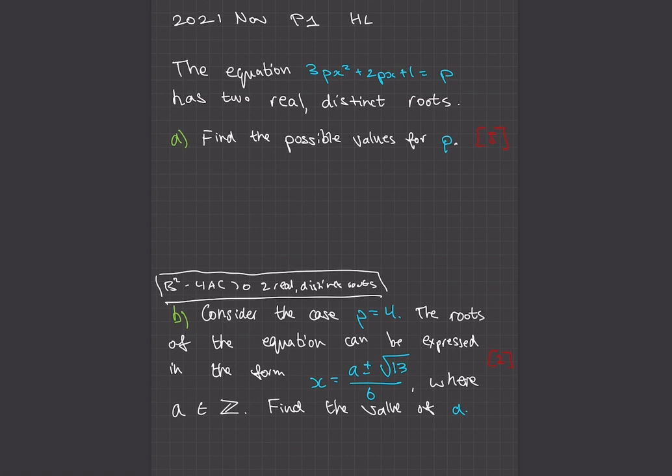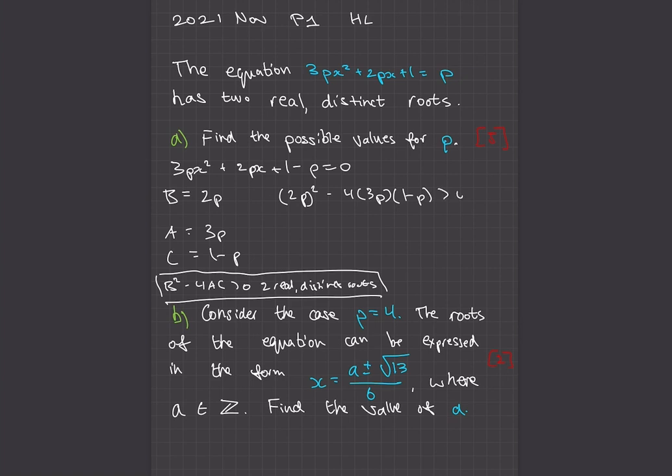Then we need to move this around because we want it to be equal to 0. So that means 3px squared plus 2px plus 1 minus p is equal to 0. So the coefficient of x, b, is 2p, a is 3p, and c is 1 minus p. So b squared minus 4ac is going to be (2p) squared minus 4 times a times c, and we know this is going to be greater than 0.